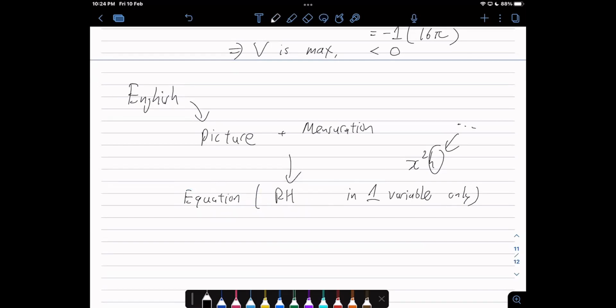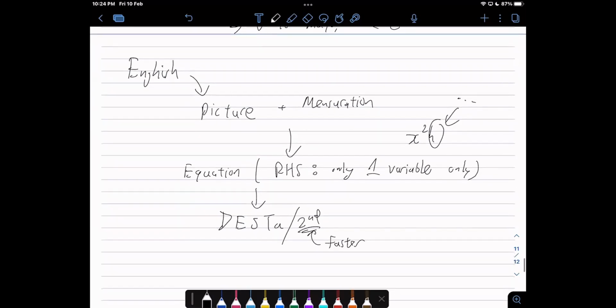Right hand side, only one variable. So you can proceed to do Desta or the second derivative test faster. These two, the purpose is to show whatever the thing you're trying to optimize, show it is a max or a min.